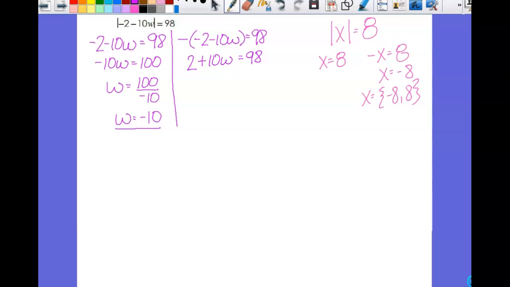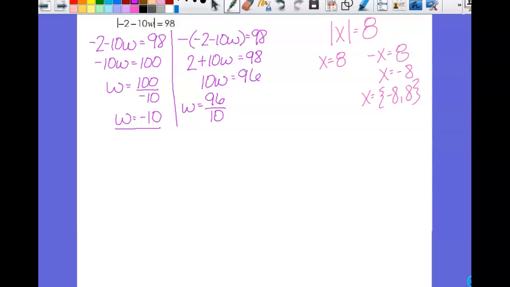Since this is a positive 2, I'm going to subtract 2 from both sides. So I'm going to get 10w equals 96. All right? This is not hard. Oh, it's hard writing, yes, I know. If you have a stylus, that helps. Those devices are going to come in soon, and you won't have to do this very long. You can do this. So then I'm going to get w equals 96 divided by 10. I do not want a decimal.